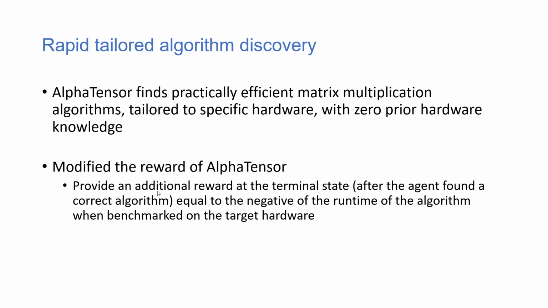One of the main advantages of this work is being able to optimize for a particular hardware target, and as mentioned before, this is simply done by adding a factor in the reward that is negative to the runtime. So you want to maximize the reward, so the less runtime, the less negative the value, and you can easily optimize for that particular target without knowing anything about it.